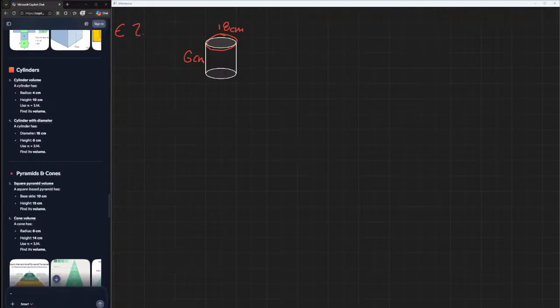Pi times the... I think it's going to be pi times the diameter times 6. So we have 3.14 times the diameter, which is 18, times 6.